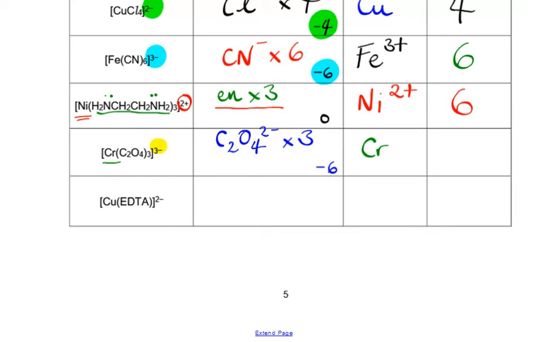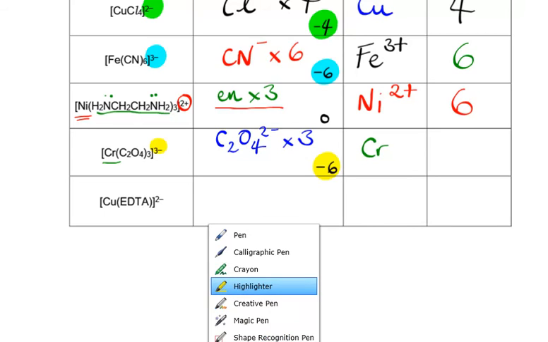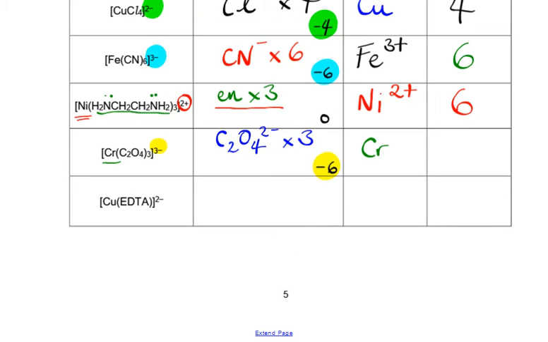The complex has a charge of -3. The bidentate ligands are contributing a charge of -6, which means that the chromium itself must be 3+. And for the coordination number, we have 3 bidentate ligands, each forming 2 coordinate bonds with the chromium, so our coordination number is 6 again.